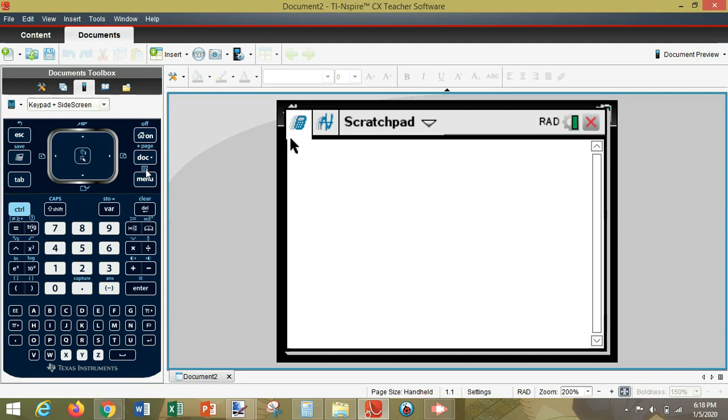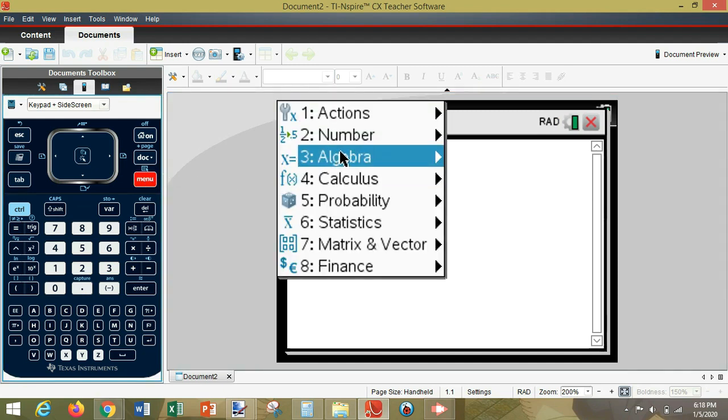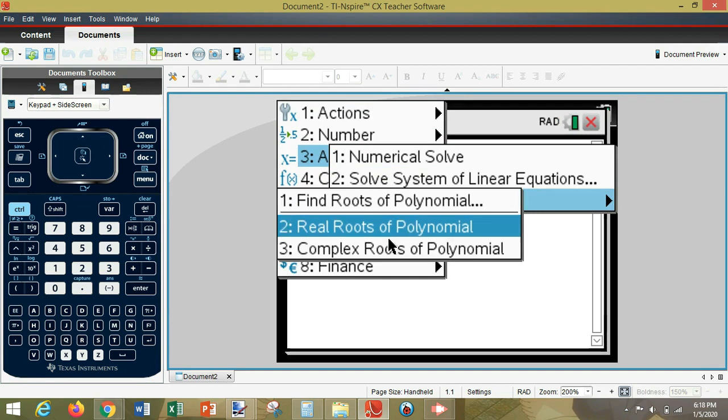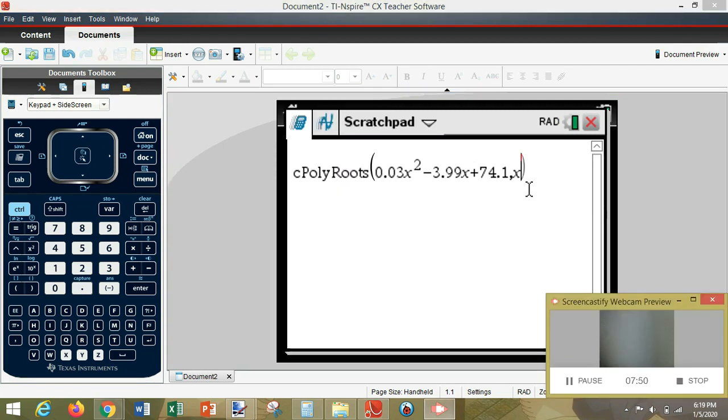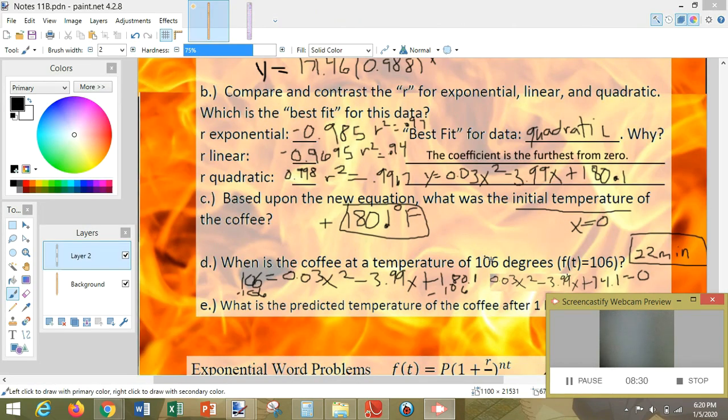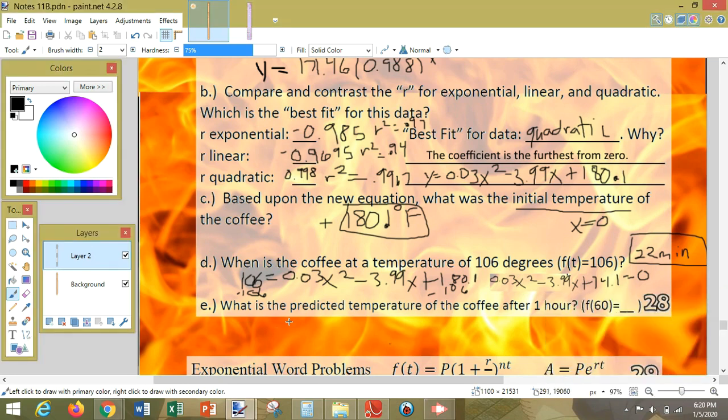If you were to compare the coefficients for each of these, quadratic would clearly be the best fit. Why is it the best fit? It's because the coefficient is furthest from 0. The closer it is to 0, the less accurate. The further away from 0, the more accurate it is with the data. The regression model is more accurate with quadratic in this case.